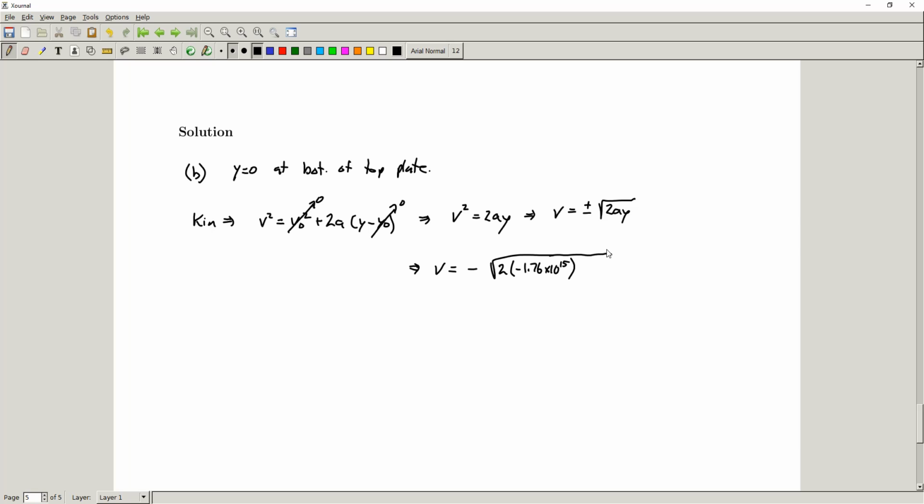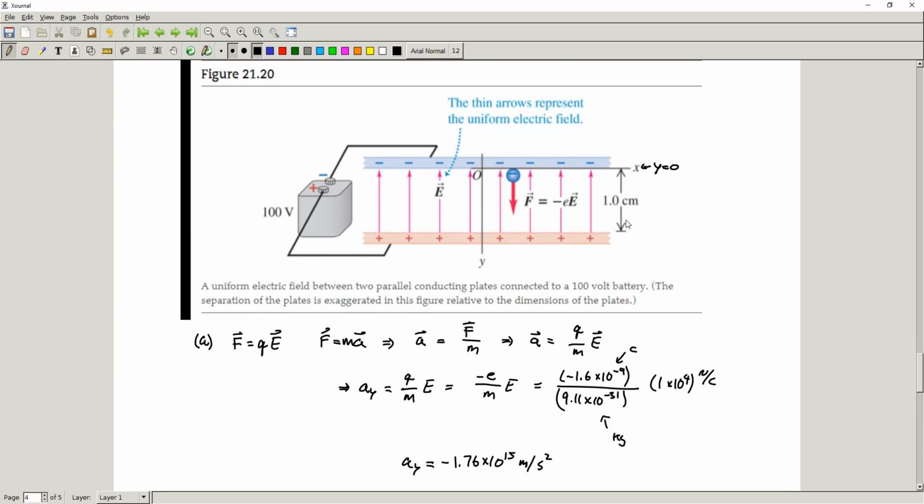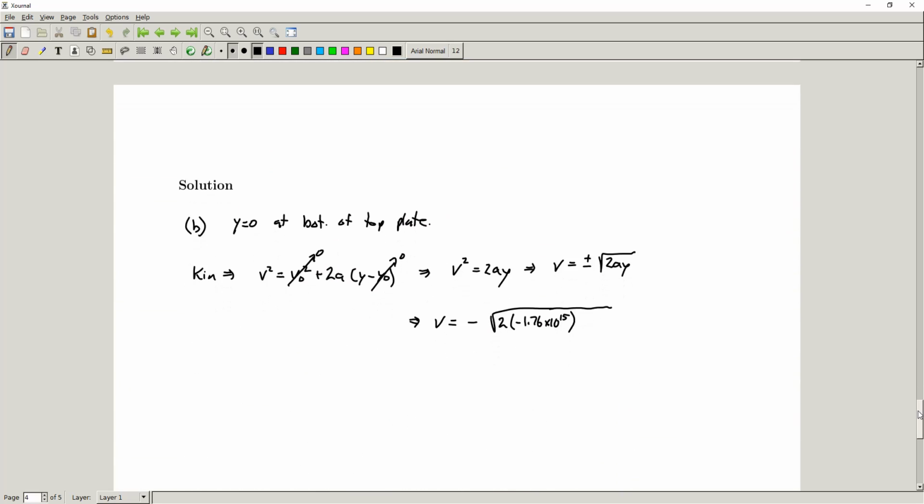And the y that we cover, well, we're covering 1 centimeter of distance between these two plates, but we have to be careful to change that into meters. That's going to be 0.01, and we also have to be careful that y is in the negative direction, right? We're covering a distance downward of 1 centimeter, and so we end up with minus 0.01 here.